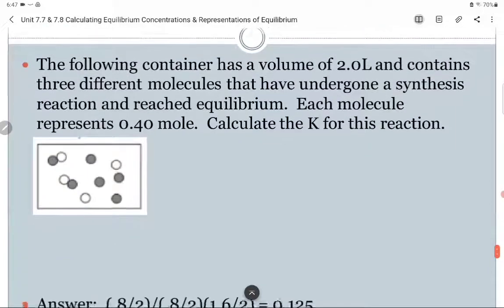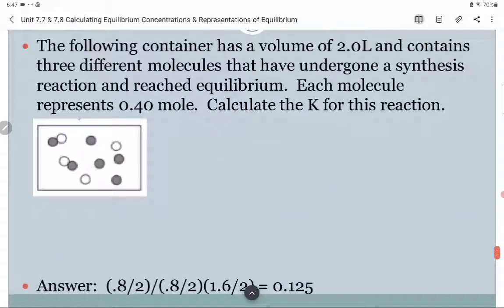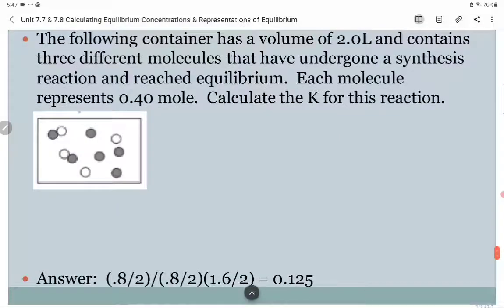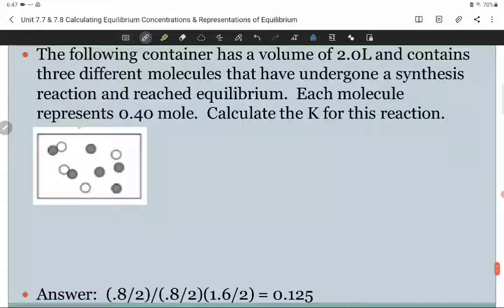And our last question, I already have the work to go with the answer on this one, actually. Okay, so we have a little particle diagram here. What do we have? We have white, we'll call those white balls. We have dark balls, we'll call those black.